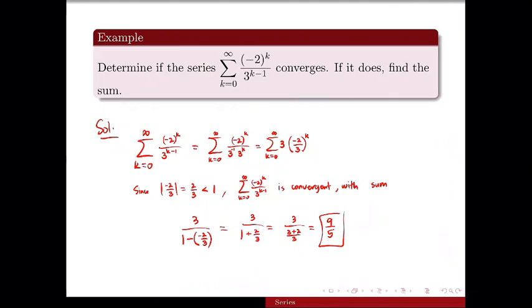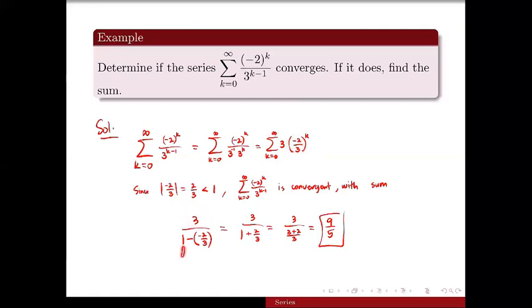So take note, we have to do this because we need to identify the a here. That's your numerator a in here. This guy here is your r.